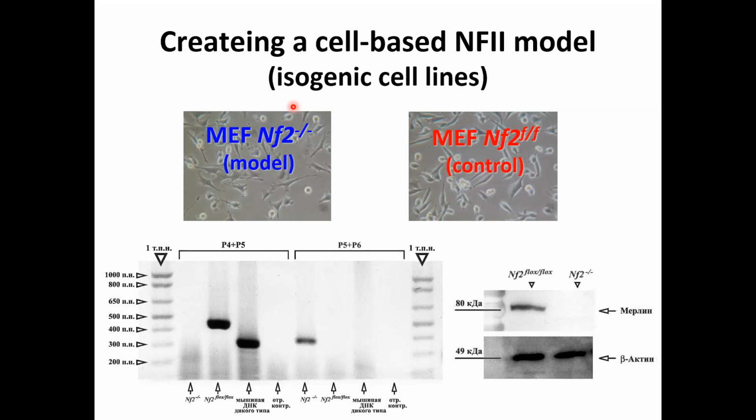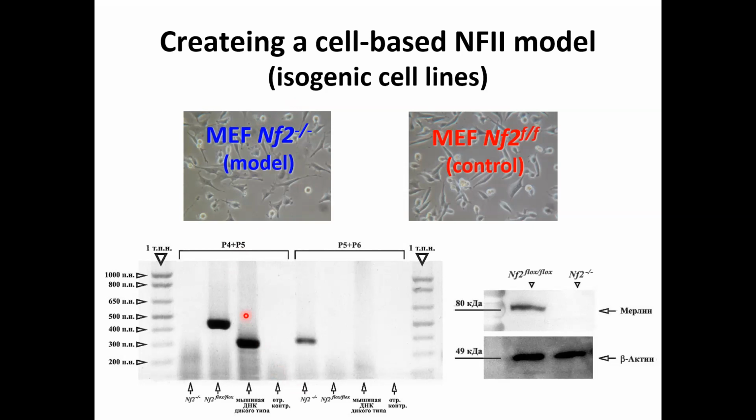And we chose quite rapidly dividing mouse embryo fibroblasts to introduce the Cre recombinase sites in NF2 gene exon 2. And then we just used Cre recombinase to exclude the gene, the exon 2 piece of NF2 gene.